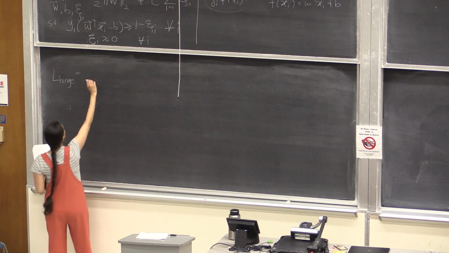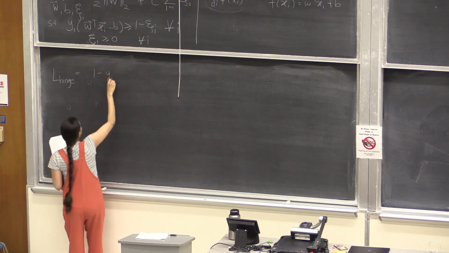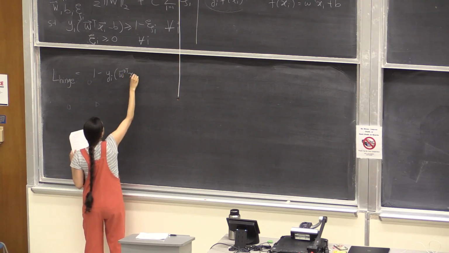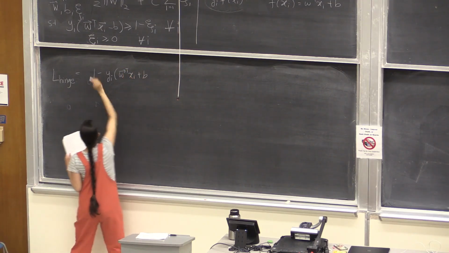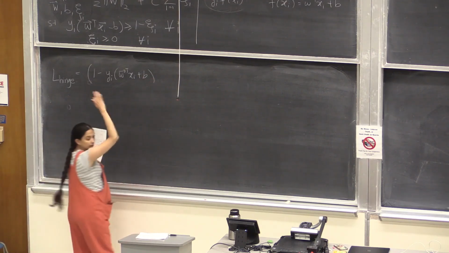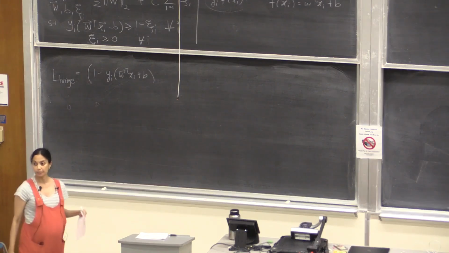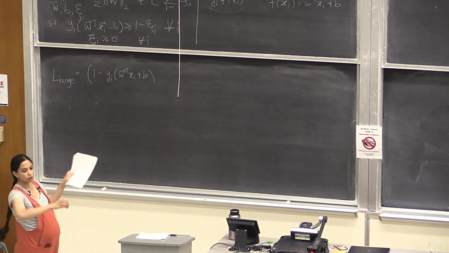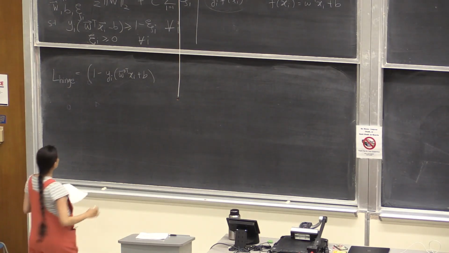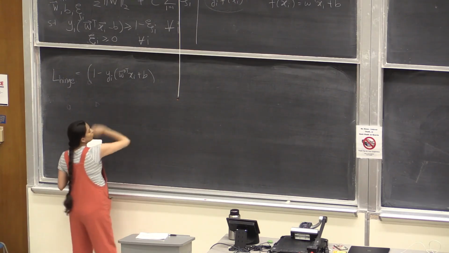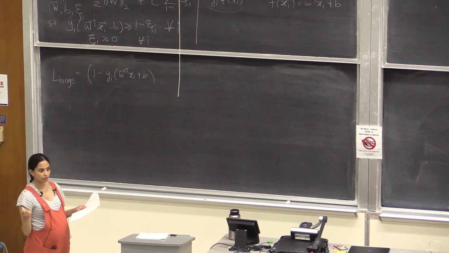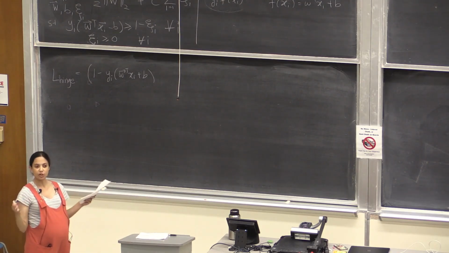So I have 1 minus yi times (w transpose xi plus b). This is that orange, negative slope line. But what happens when yi f of xi is equal to 1? What does the function change to be? What is the value of the function? 0. So does this function ever go negative?